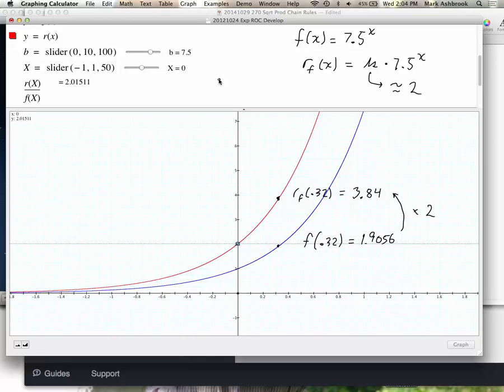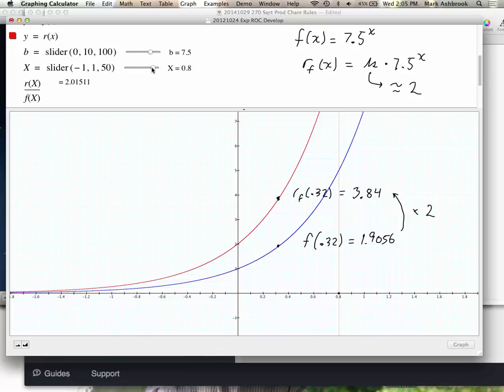It should stay constant, so watch. It's not even moving, not even twitching, right? It's just staying constant. So this is very strongly supporting our conjecture that the rate of change function is a constant multiple of the original function. And in this case, for 7.5 to the x, that constant is 2.